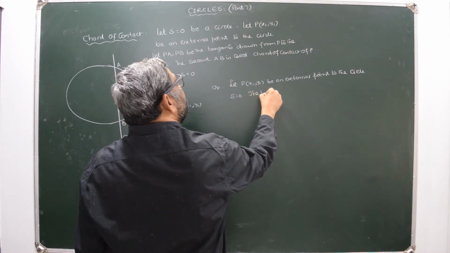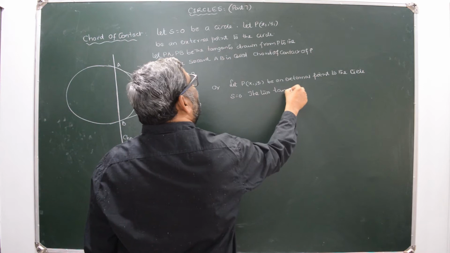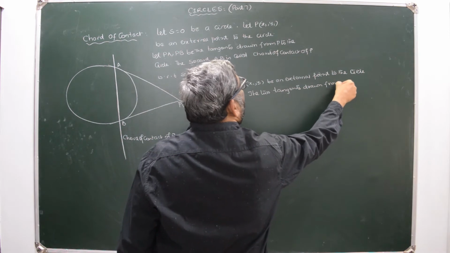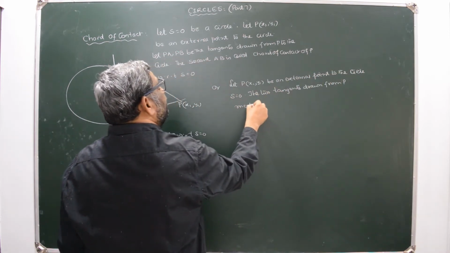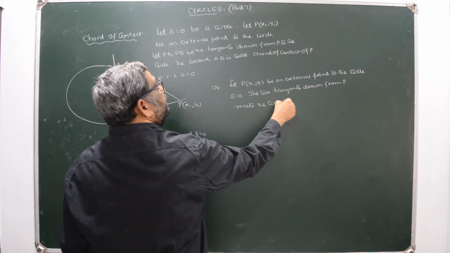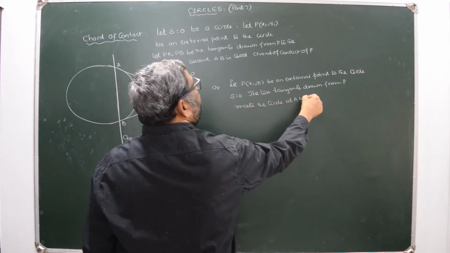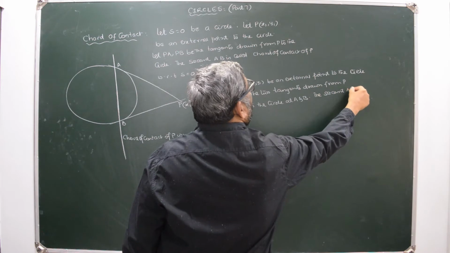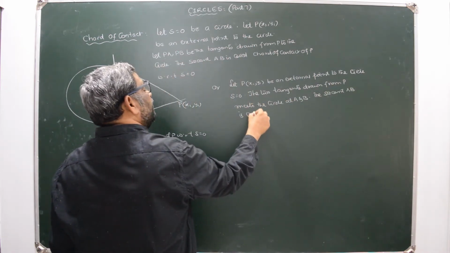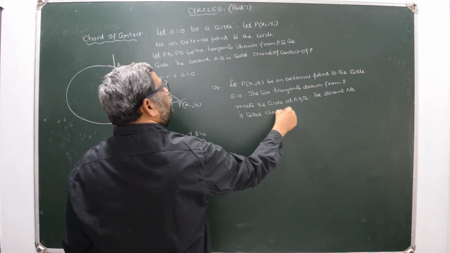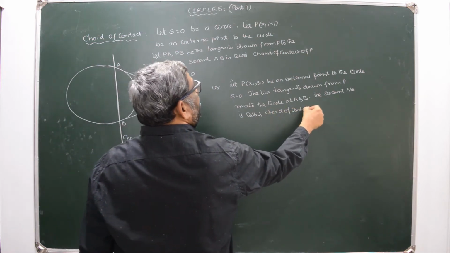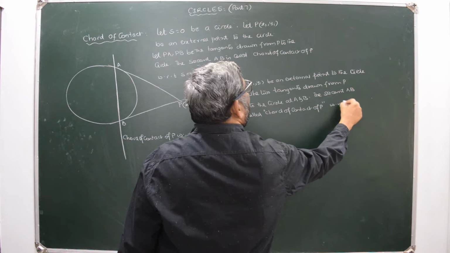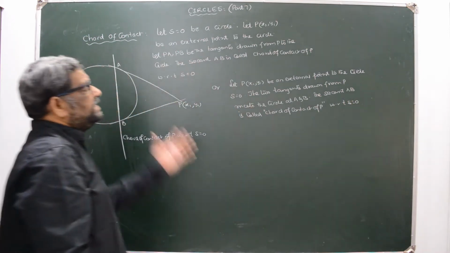The two tangents drawn from P meet the circle at A and B. The secant AB is called the chord of contact of P with respect to S = 0. So this is the definition.